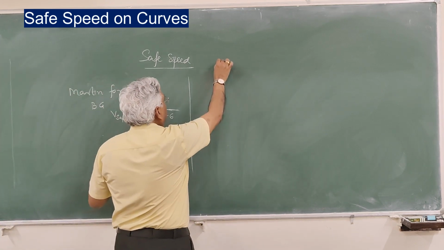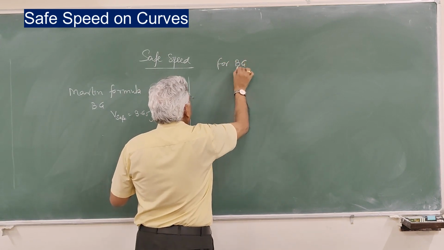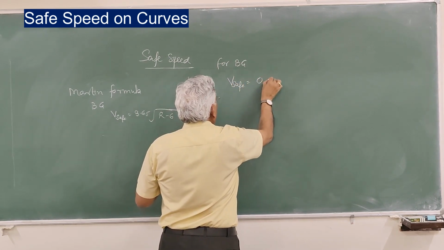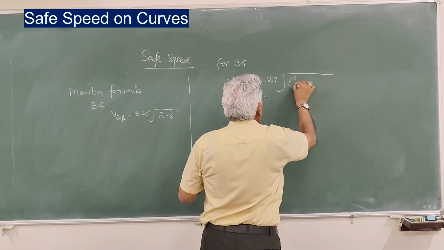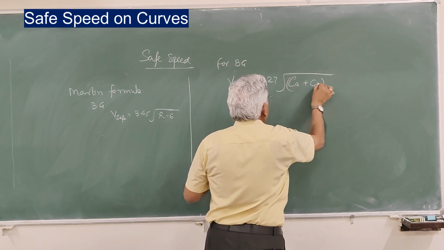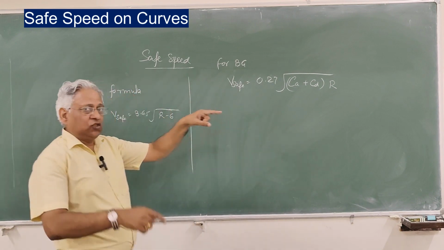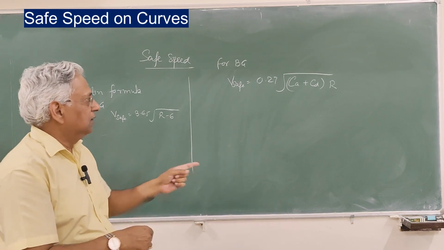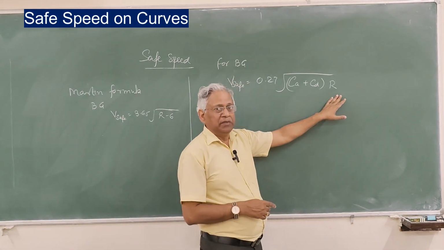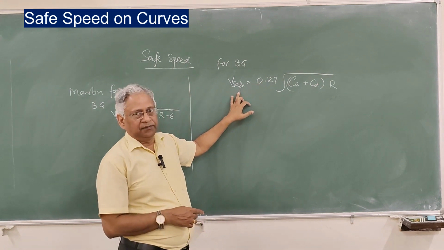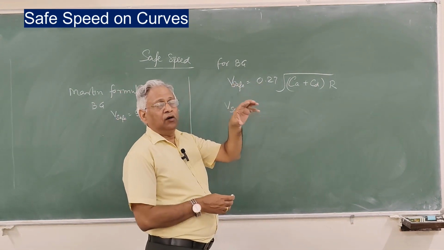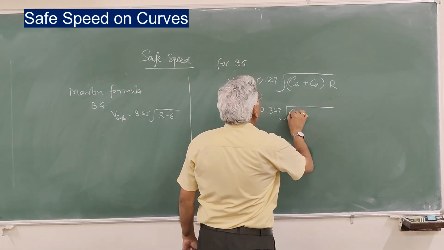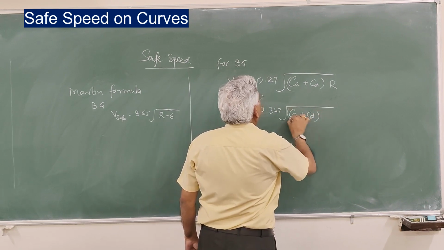So, for broad gauge line, this safe speed is 0.27 square root of CA plus CD into R. CA is actual cant provided in millimeter, CD permissible cant deficiency in millimeter, R radius of the curve in meter, and that is in kilometer per hour. And similarly, the safe speed on meter gauge line is 0.347 square root of CA plus CD into R.